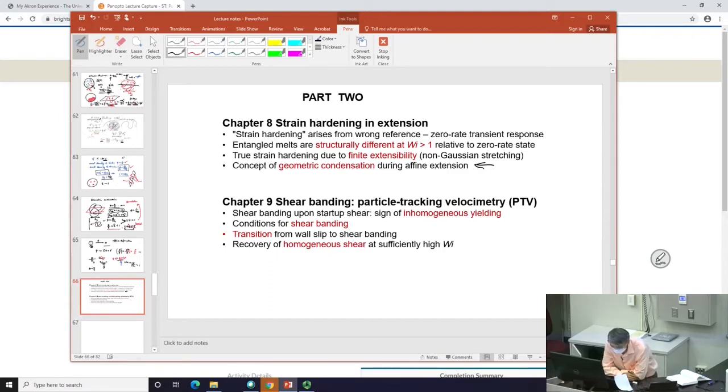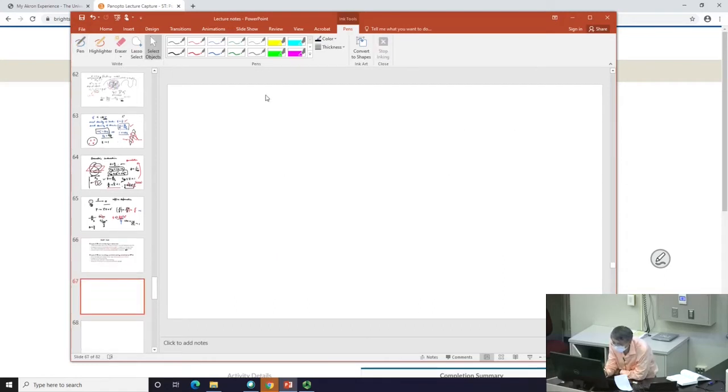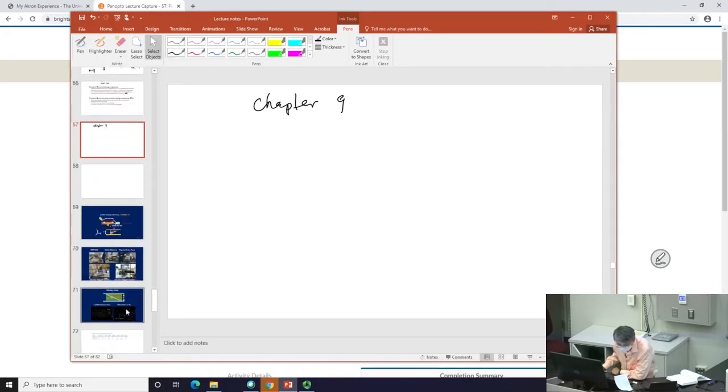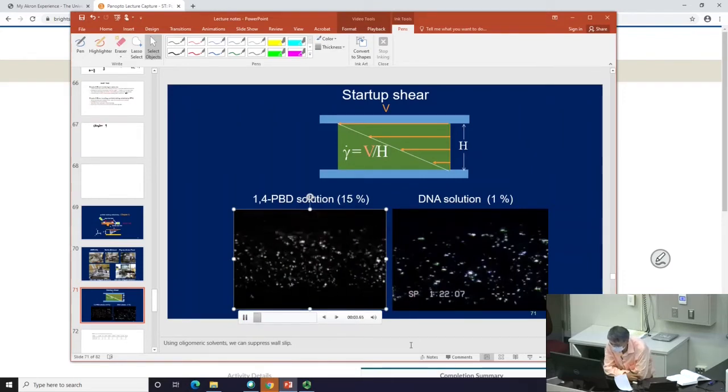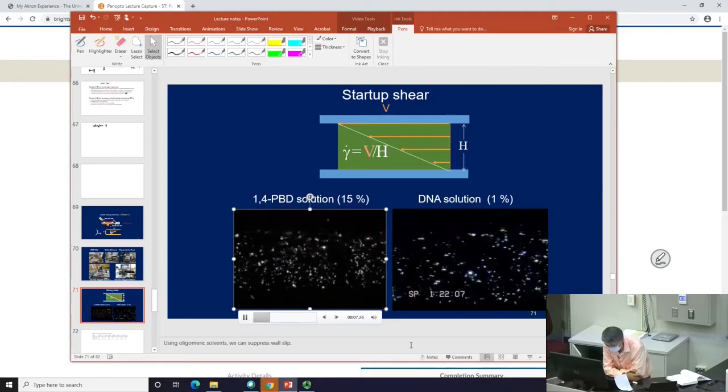With this chapter 9, which of course you have seen, for convenience, I copy it here. You have seen this moon wave before. This is a chapter that concentrates on this phenomenology here.